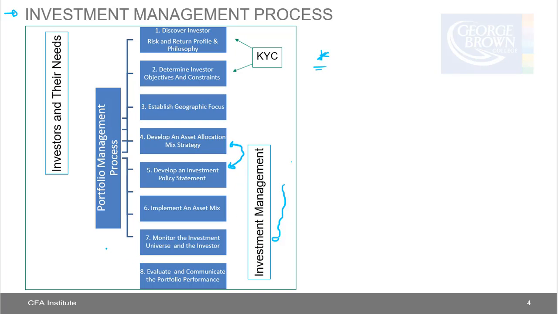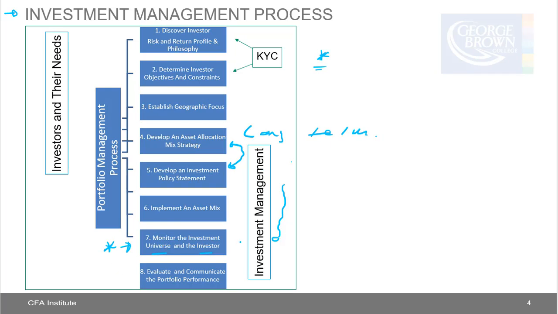And then finally, the last two steps in the investment management process are monitoring the universe and the investor, because investor circumstances can change. If those circumstances change, then you may actually go back and change the strategic mix. In the short term, you may have tactical changes to that strategic mix, but in the long term, the asset allocation mix strategy, that's long term. But anyhow, we've looked at that before, and we'll look at it in more detail.